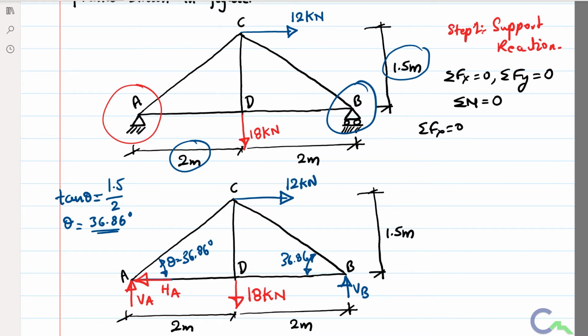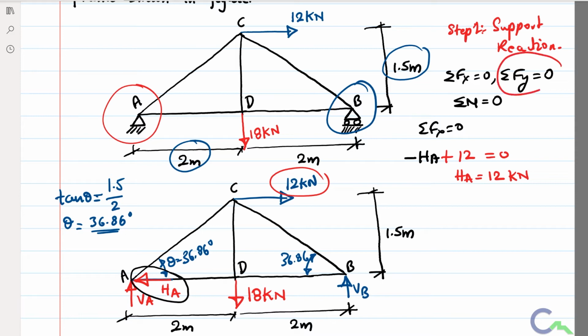So if I see, HA is acting in the negative direction, I will take minus HA. Then 12 kilonewton is acting in the positive direction, plus 12. There are no other horizontal forces, so that is equal to 0. Therefore I can write HA is equal to 12 kilonewton.